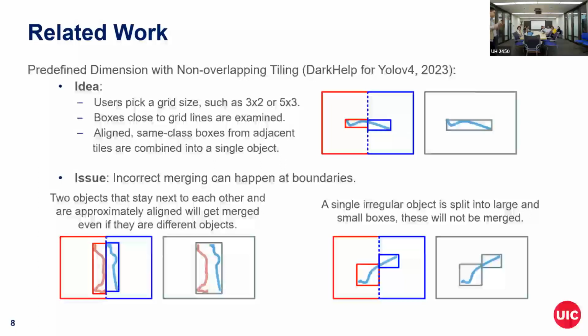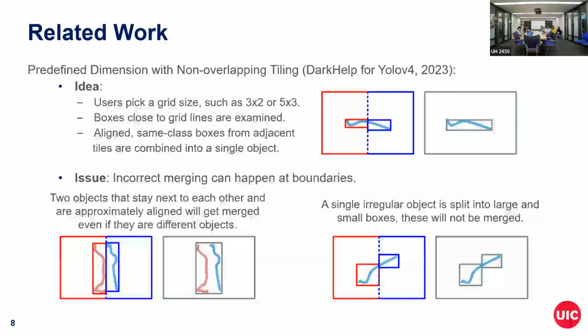And then after that, the boxes that are close to the grid lines get examined in order to merge them together, because they are potentially fragmented. If the boxes are aligned and are in the same class, they get merged. However, we see there are some issues with this approach because incorrect merging can happen at the boundaries.